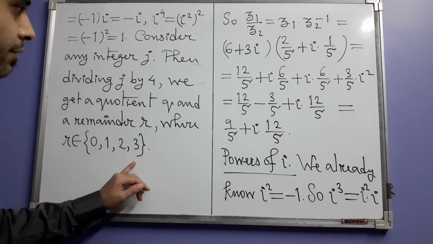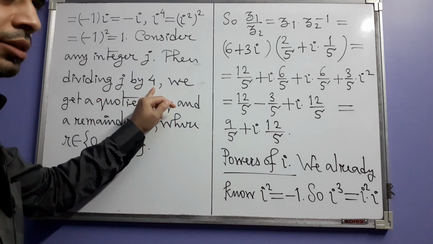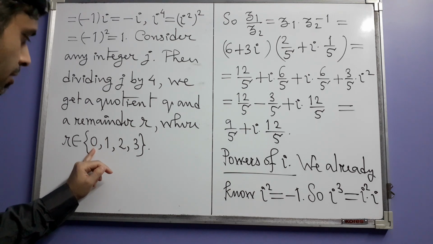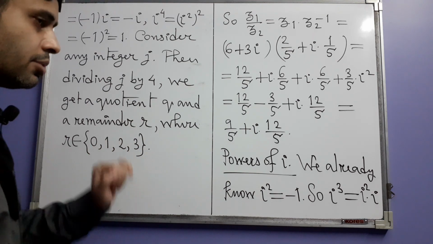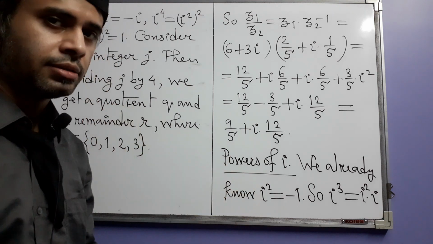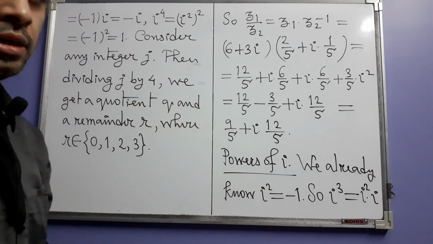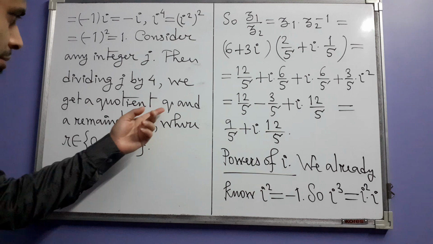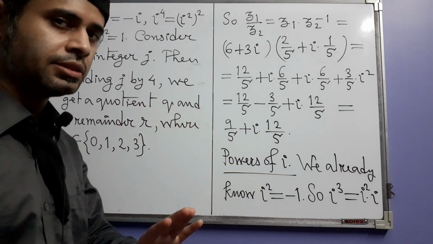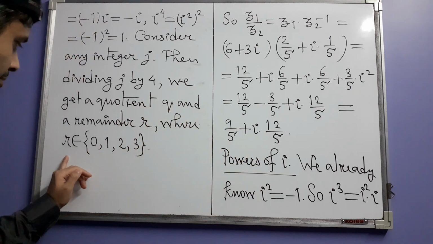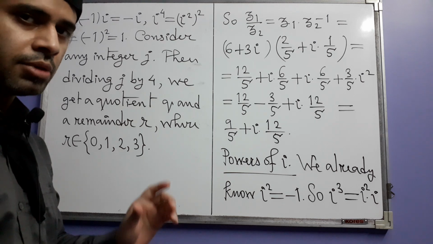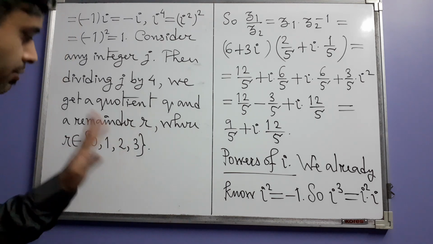See, the thing is that when you divide something by 4, the remainder can either be 0 or 1 or 2 or 3. It cannot be anything else, and this is true even when j is a negative integer. The quotient can be anything, I mean it will be some integer, we cannot say something like this about q, but that r will be one of these 4 numbers.